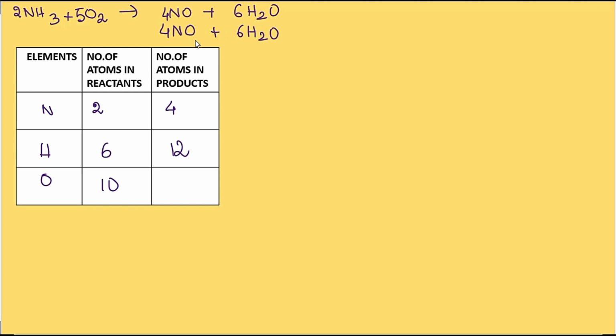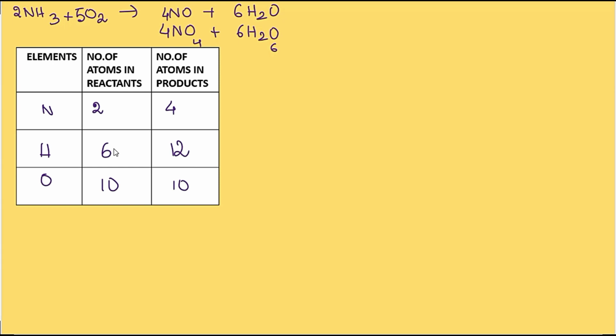Here 4NO, so oxygen is 4 and here oxygen is 6, so 4 plus 6 is 10. So see here, it is becoming 10 in the reactant and the product side. So it is becoming equal. But the problem lies with hydrogen, because hydrogen it is 6 and it is 12.